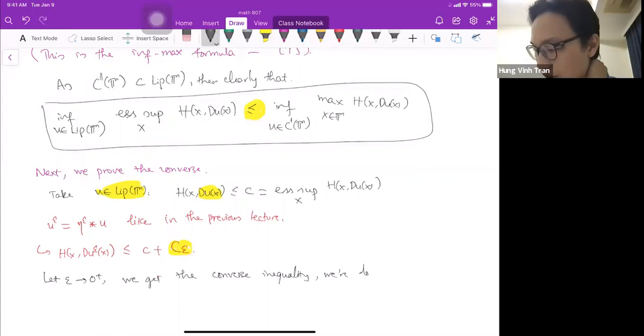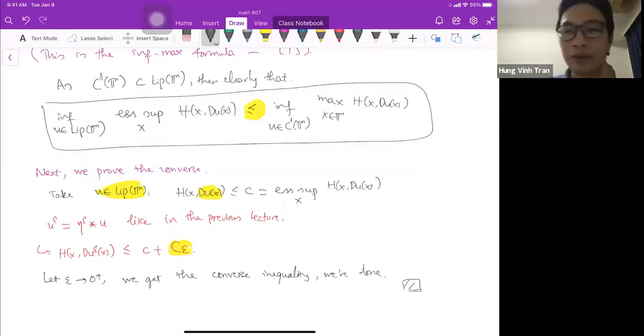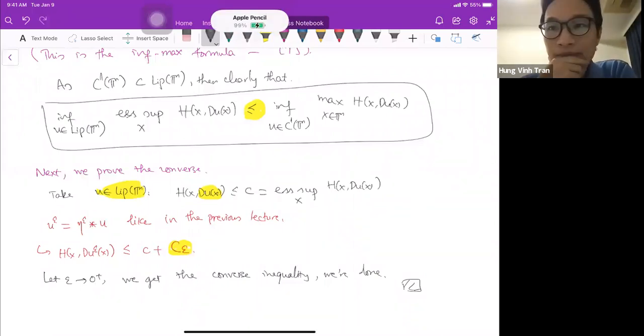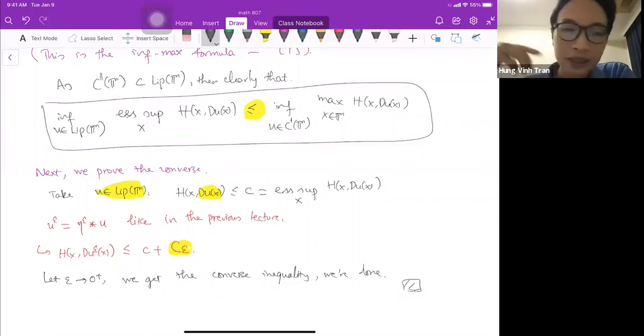Okay, so that's rather remarkable. You see that the tool that we developed earlier, that was quite simple, but it's really useful, right? That smoothing up technique. There are other ways to smooth up functions in this theory as well, but so far, because of convexity, we often use this one.